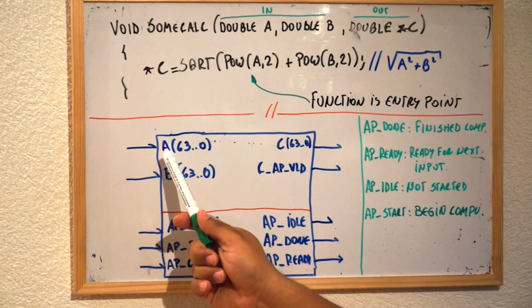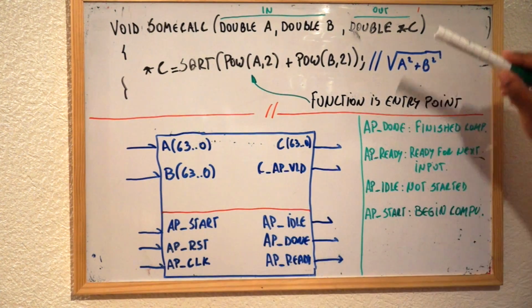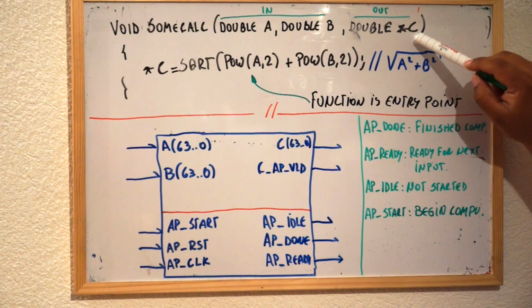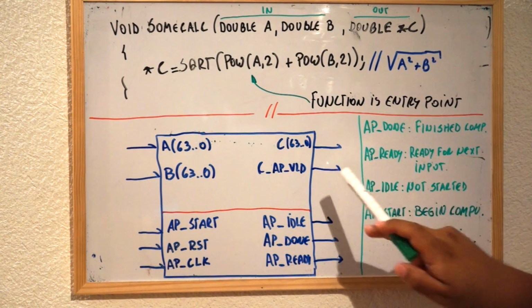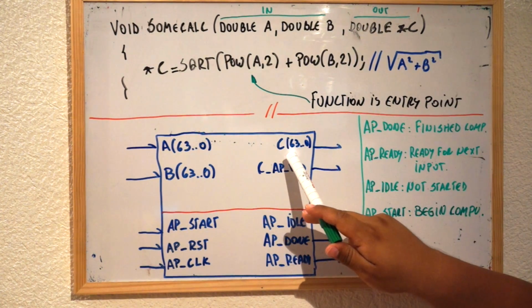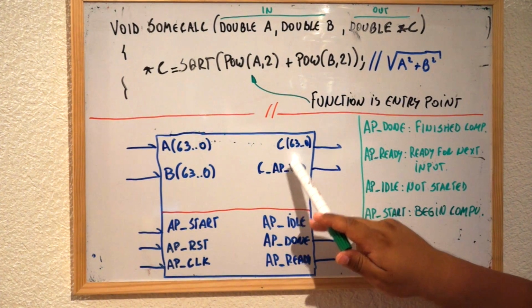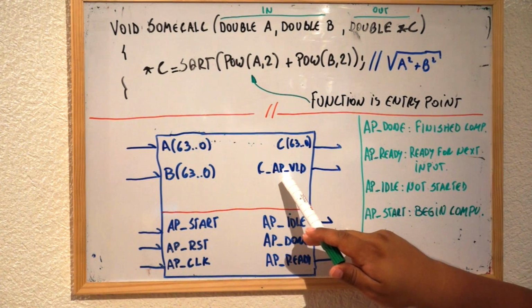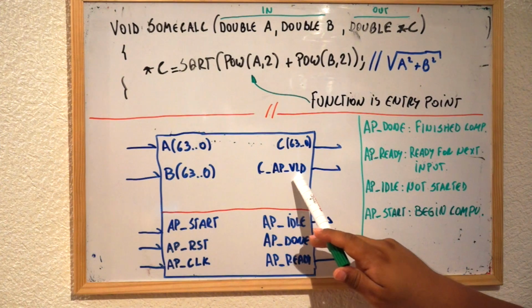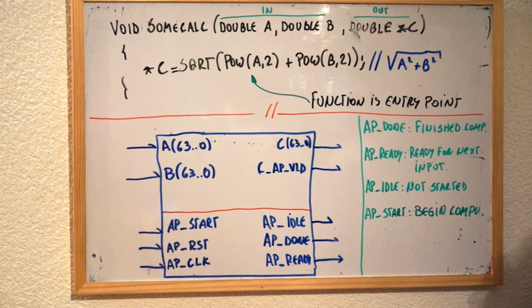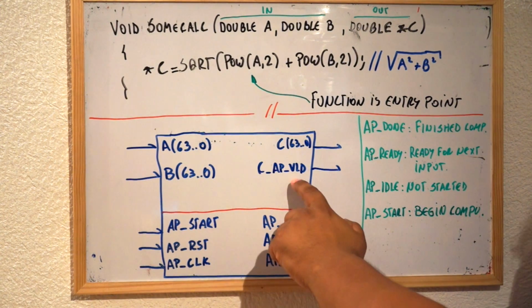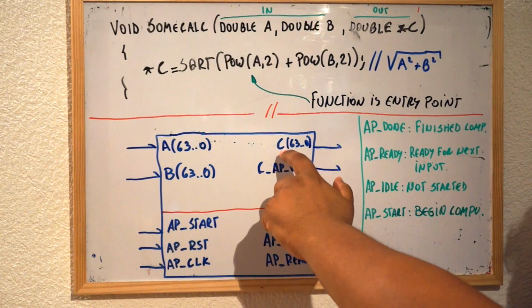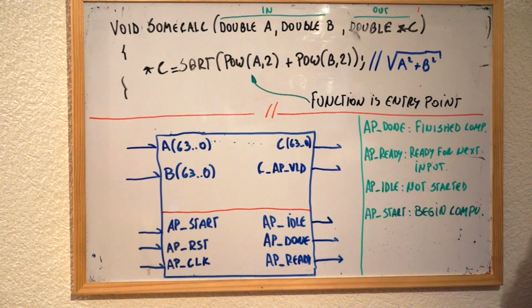So here as input we have A and B, and as output we have a pointer to C, which is going to be mapped as well as a 64-bit vector with another signal called ap_vld, which stands for valid. It means that this signal will be asserted when you have a valid output on C, okay?